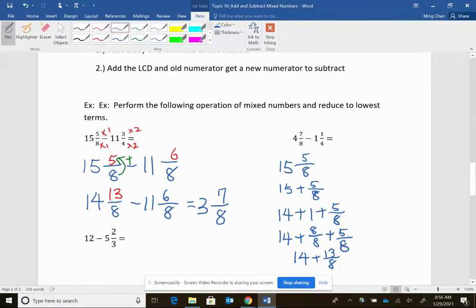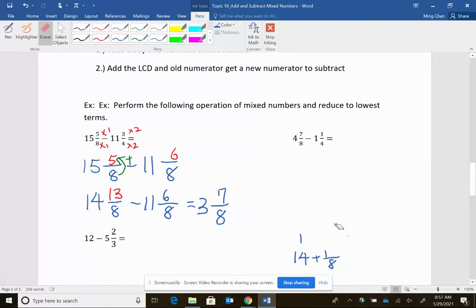That's why my two-step shortcut makes sense, because technically I still end up using the LCD 8, adding on to the numerator. So you don't have to show all that, mainly if you can use the shortcut, that would be great. I just want to write it out one time for you.